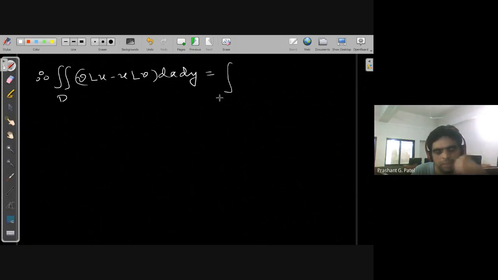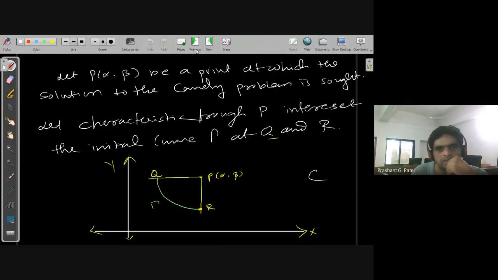Now C will split into three parts because this curve is split into three parts. One is Q to R, that is through this curve, then R to P, and then P to Q. Here the direction is positive, and here it is in reverse direction. So we'll take it in this direction, but since this direction is reverse, we'll take it as a negative sign.